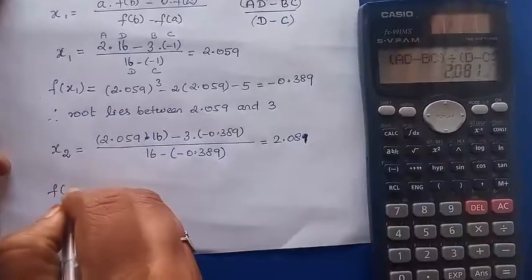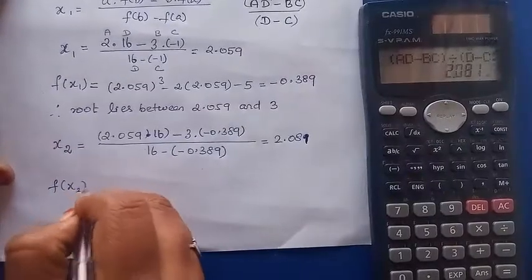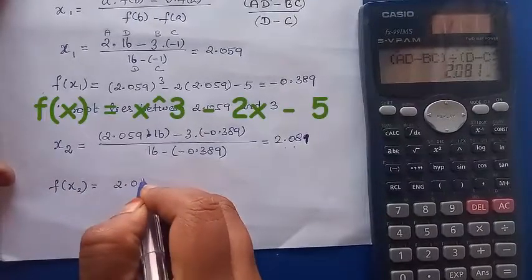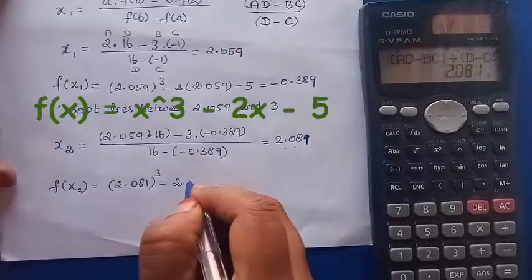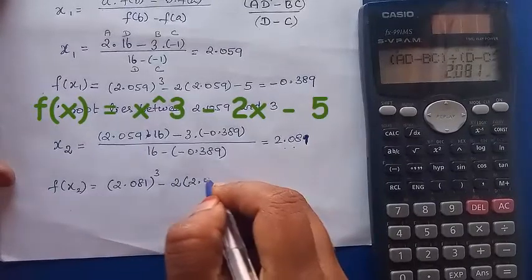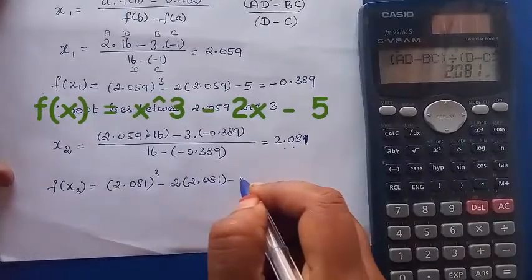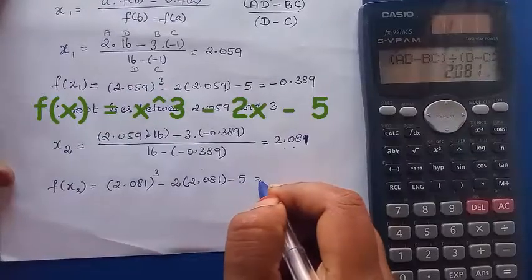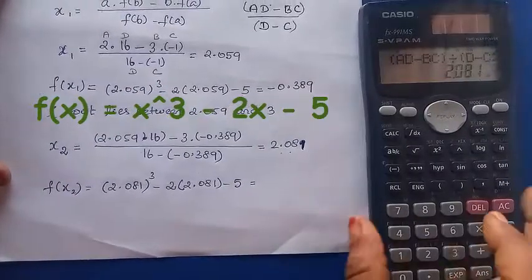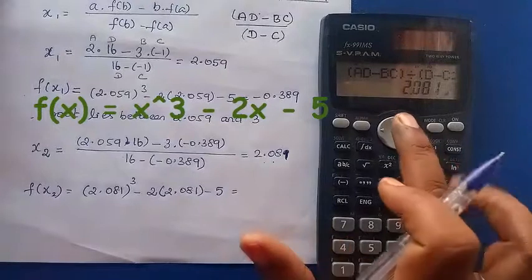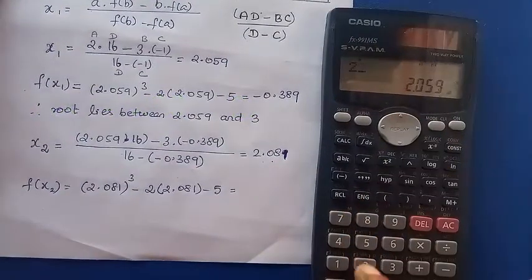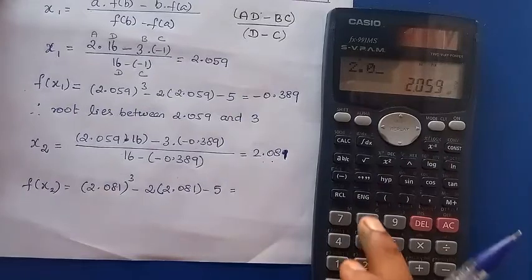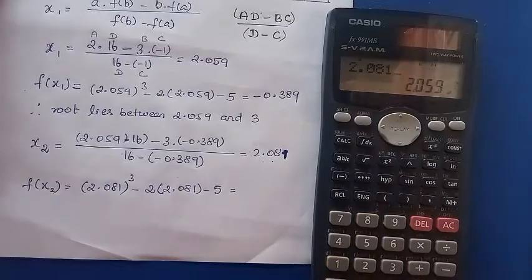We want to find out the value of f of x2. 2.081 the whole cube minus 2 into 2.081 minus 5, equal to. So to know the sign, again press this arrow button. The value of x is 2.081.